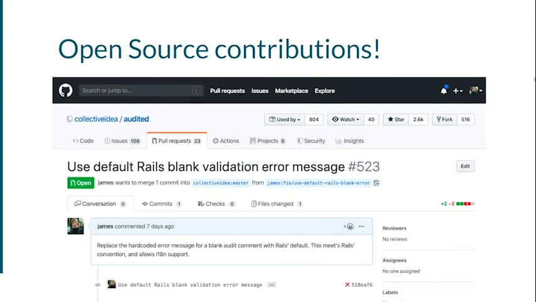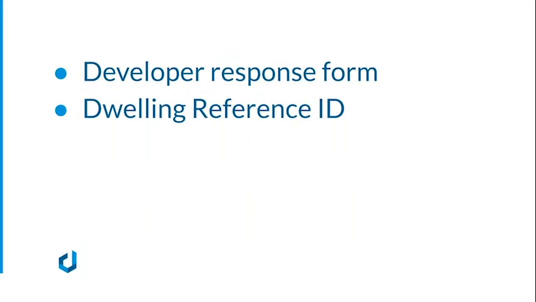That was actually a bug in the open source library that we were using, but because it's open source, I can put in a pull request to that central library. So not only have I fixed it for Southwark, I've also fixed it for anyone else in the world who wants to use that library. I'm quite pleased that quite early on in this development cycle, this project is already contributing to the open source ecosystem. On to what we did in terms of features.